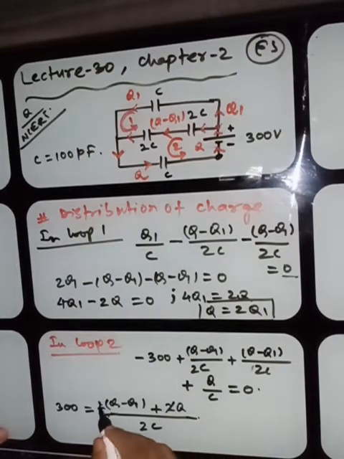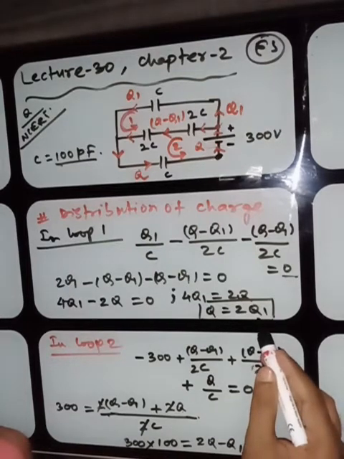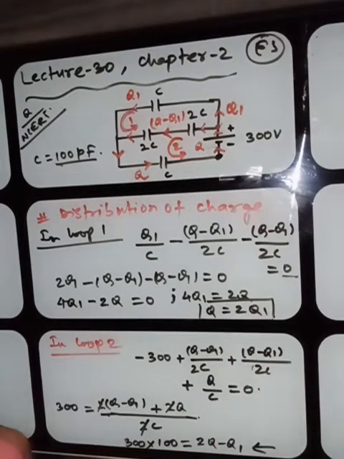Taking this common, this 2 cancels out. So you can write it as 300 times C, which is 100 picofarad, equals 2Q minus Q1. You can simplify this equation by putting the value of Q1 or Q here, then you will have one variable.